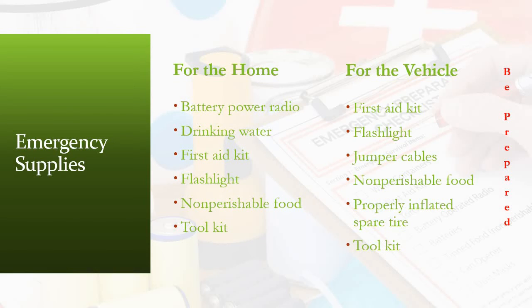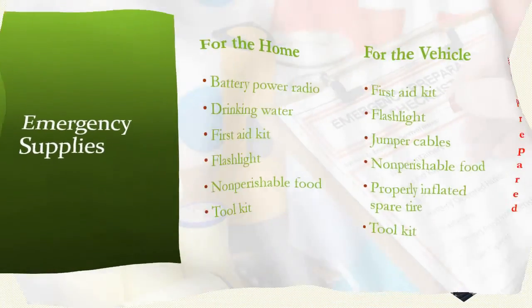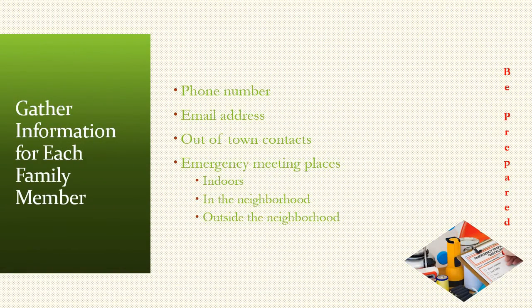For your vehicle, you will need a first aid kit, a flashlight, jumper cables, non-perishable food, a properly inflated spare tire, and toolkit. Gathering information from each family member: get a phone number, get an email address, out-of-town contacts, emergency meeting places, indoors, in the neighborhood, or outside the neighborhood, just in case we're at different locations.